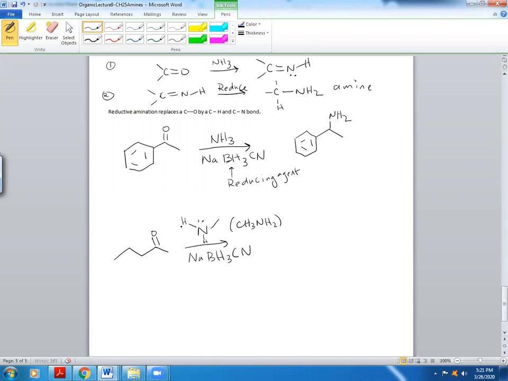All you have to do is, again, replace this whole bond with N and remove one of the H's. And then here's your R group. And now you made a secondary amine. So on and so forth. That's pretty much it.